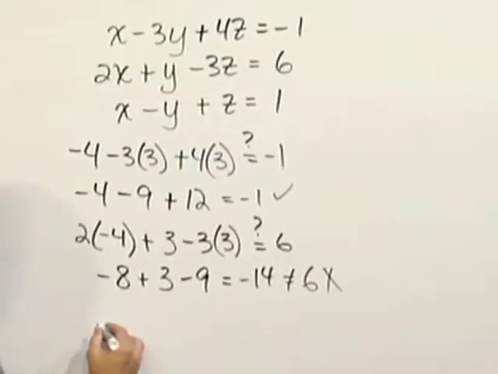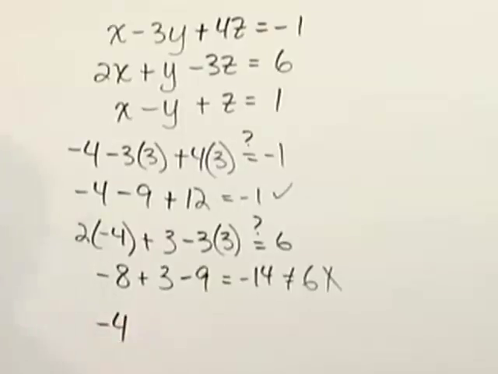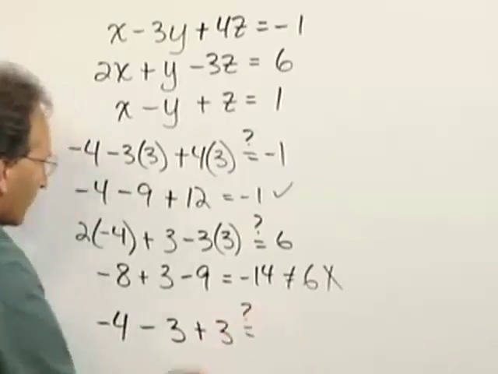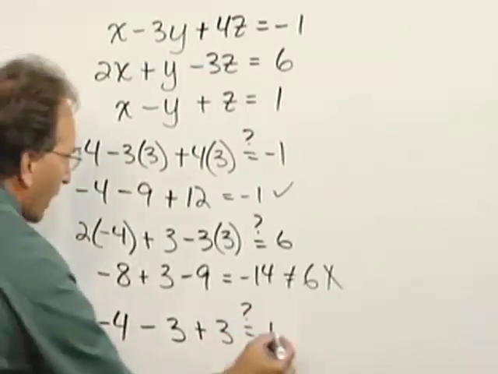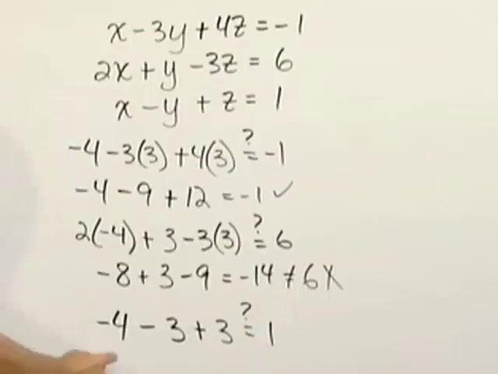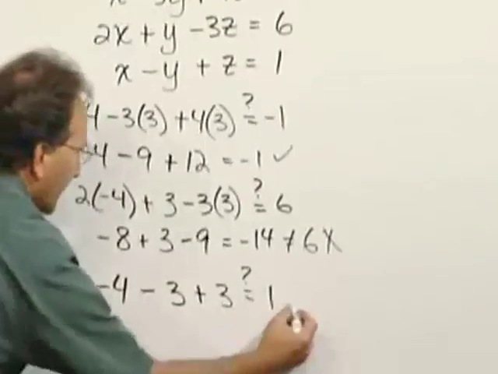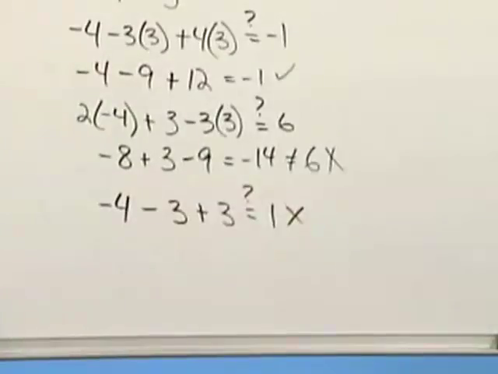We substitute in -4 for x, minus y, which is 3, plus z, which is 3. We want to know, does that equal +1? And of course, -4 minus 3 is -7. -7 plus 3 is -4, and it also does not work.